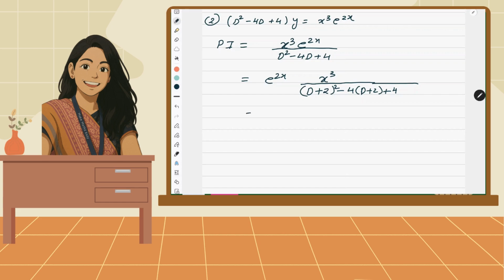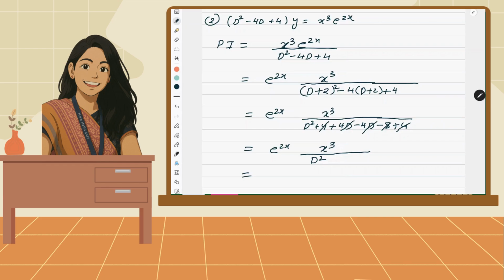Then you have e to the power 2x, x cube upon D square plus 4D plus 4, minus 4D minus 8 plus 4. So you got e to the power 2x, x cube upon D square. Now plus 4D and minus 4D gone, 4 plus 4 is 8, minus 8 gone. So I am left with this.